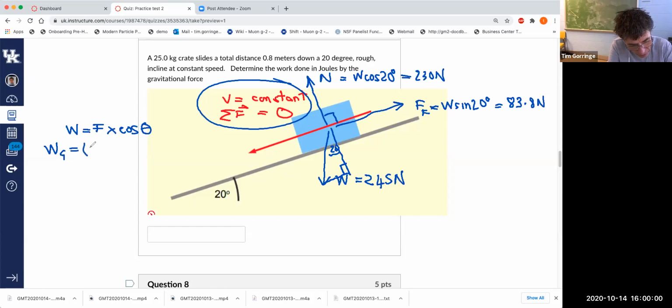We've got 245 newtons force strength, a displacement of 0.8 meters, and the cosine of the angle between the motion and the force. That is 90 degrees less 20 degrees, so cosine of 70 degrees. That came out to be 67 joules.